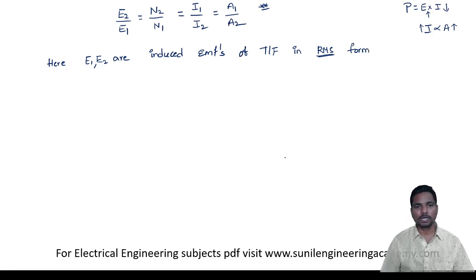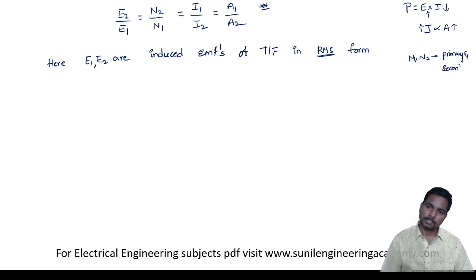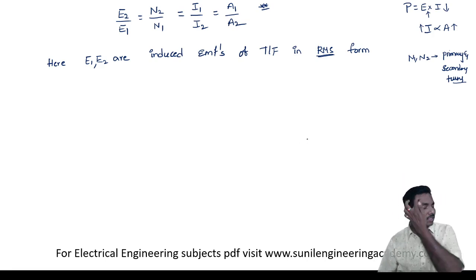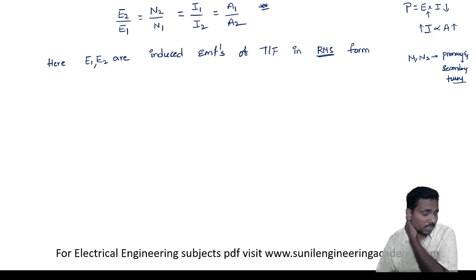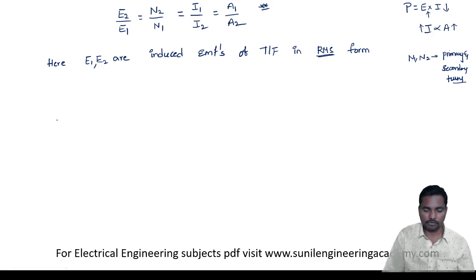And N1, N2 are the primary and secondary turns. Here we have some observations on the EMF equation. That is very important, guys. Observations of the EMF equation.